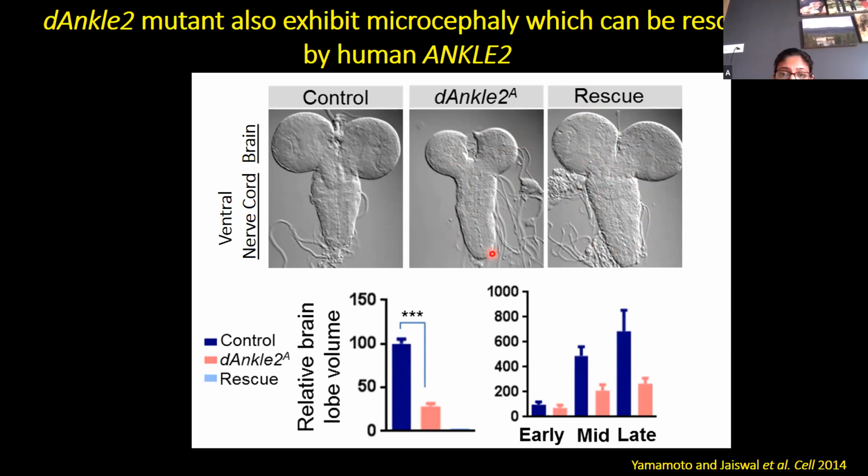Since we knew the information about the mutation in the patient, they expressed the mutant variant to rescue this phenotype, and the mutant variant could not rescue the small brain phenotype in flies. So this confirmed that the kid has a mutation in this gene, and that is why he has this problem, microcephaly.